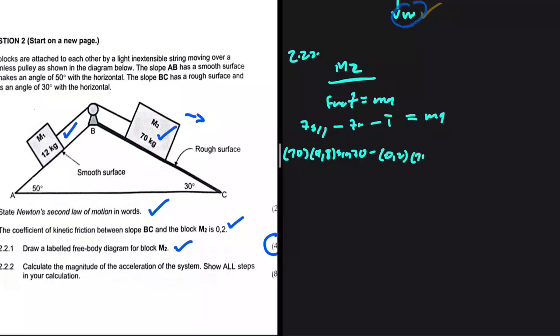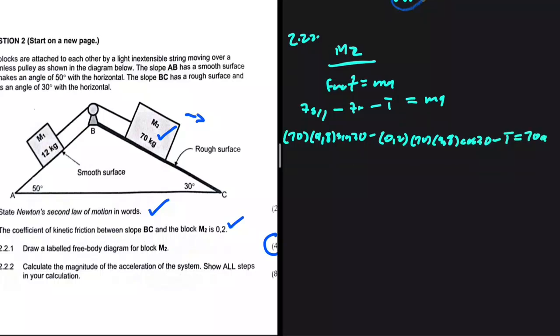So that will be 70 multiplied by 9.8 multiplied by cos of 30 minus the tension being equal to 70 multiplied by a. We're going to have 224.1813 minus the tension force being equal to 70a.